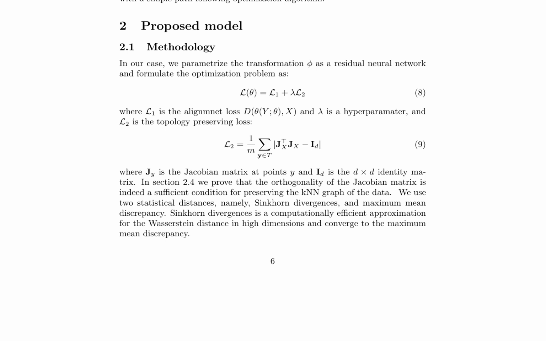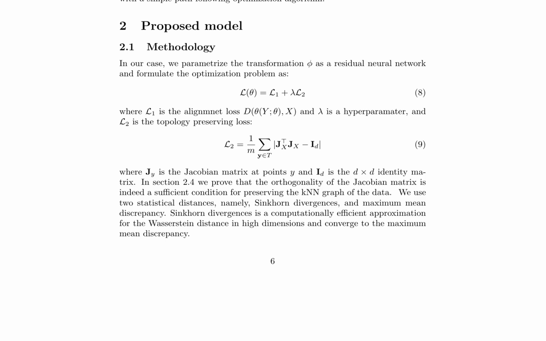This is achieved by enforcing the orthogonality of the Jacobian matrix, which is proven to be a sufficient condition for preserving the kNN-Graph. Two statistical distances, Sinkhorn divergences and maximum mean discrepancy, are employed to measure the distance between the point clouds. Sinkhorn divergences provide a computationally efficient approximation of the Wasserstein distance in high dimensions, converging to the maximum mean discrepancy.